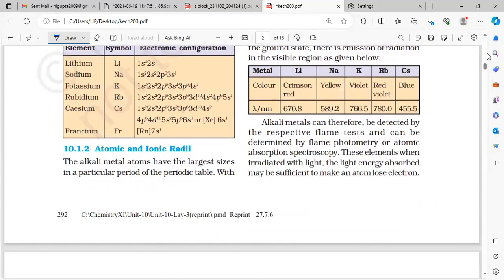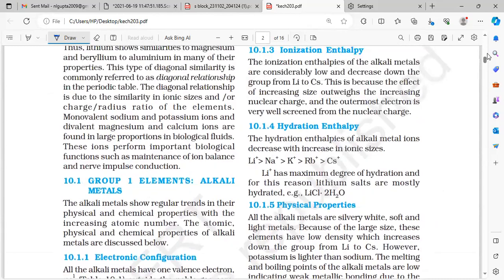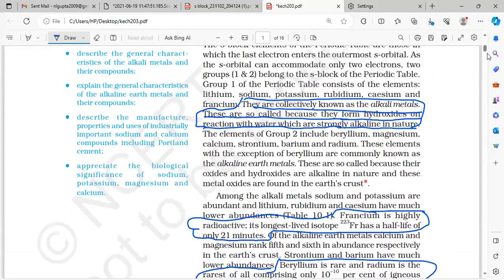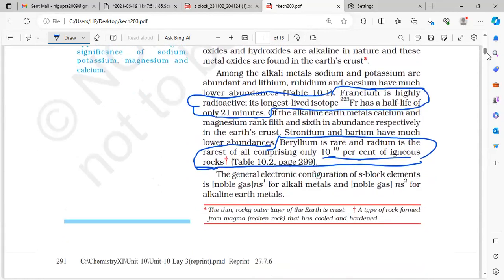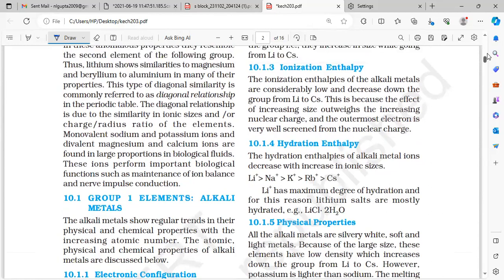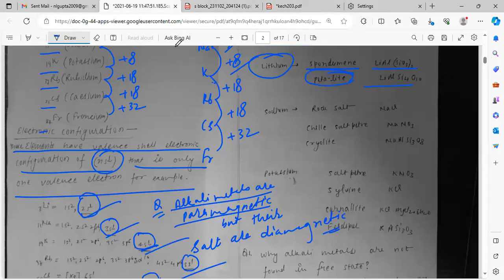So in NCERT the occurrence is not there, obviously. For alkaline earth metals also, occurrence is not in NCERT. So from an occurrence point of view, you can leave it, or you can memorize it also.